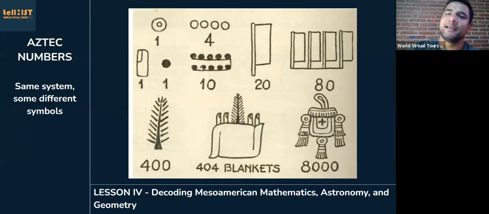Can be with the line, can be with 5 dots, but tied in this case. For the number 20, again, they could use the position, the vertical position, but when it was horizontal or just as a mark of 20, remember all this is based on the powers of 20, all these positions and all these multiplications, instead of using 10 like us, they use the number 20 as their base.